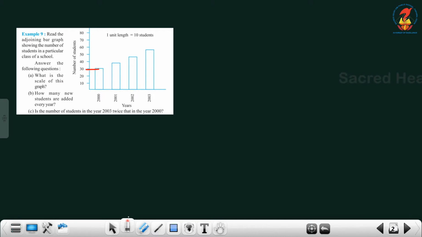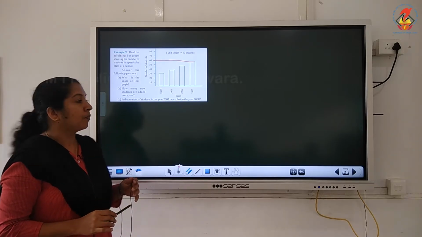See, this length is 30, this length is 40, this is 50, this is 60. So, the length of the bars shows the given number.